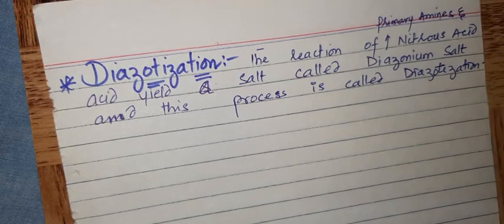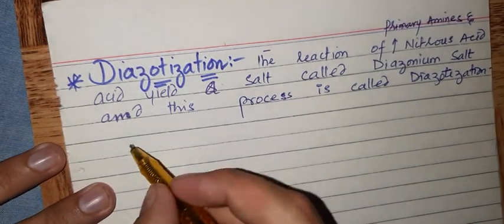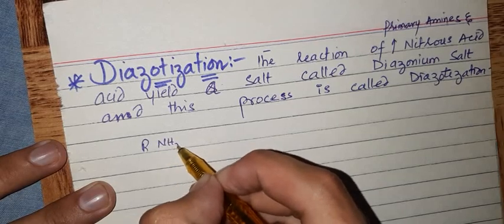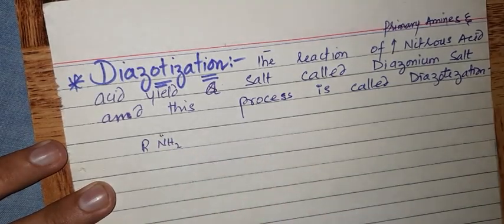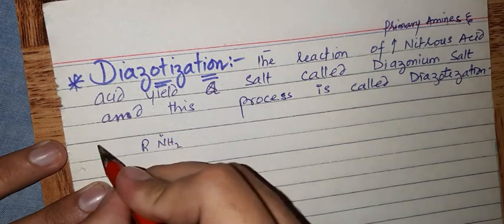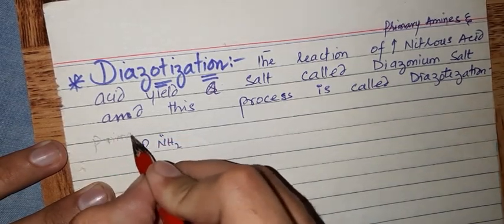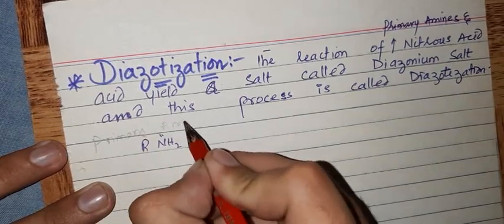We will start with a general preview. Generally, this reaction is written like this: RNH2, this is for primary amine.